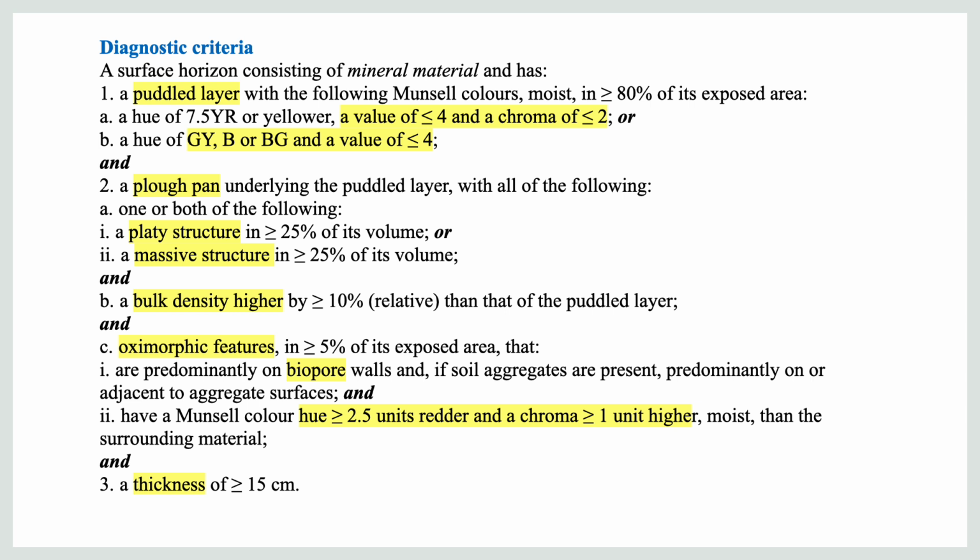When we find redoximorphic features expressing iron and/or manganese concentration in biopores, we are saying that our soil, or at least that section, has some problems with water penetration or water drainage through this specific horizon or the whole soil.